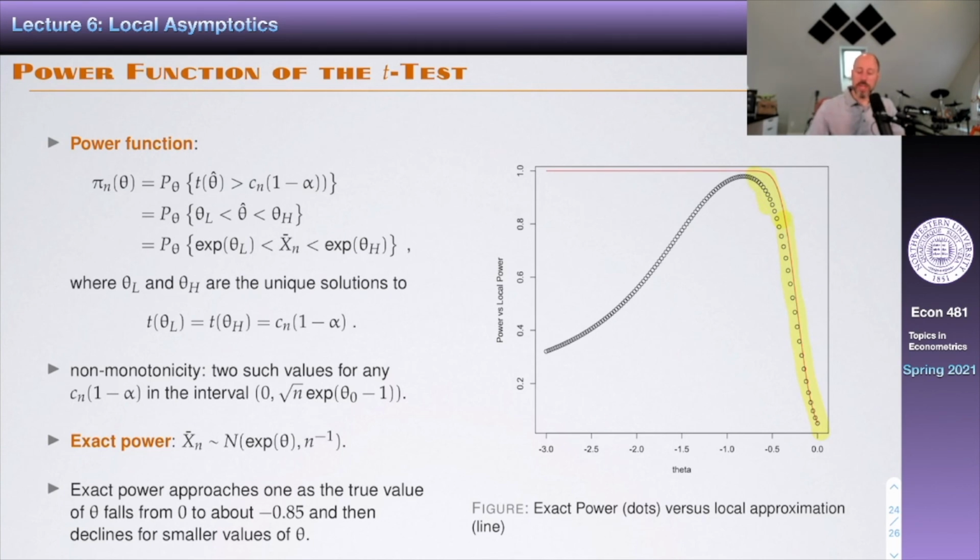But then when you really extrapolate far from the null, the local approximation could be awful. Here you have 0.38, and here you have 1. So we have 60%, or 60 points, okay? Difference between what the approximation tells you and what's going on.